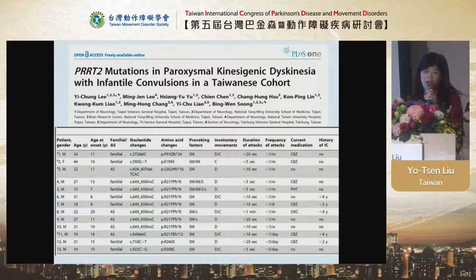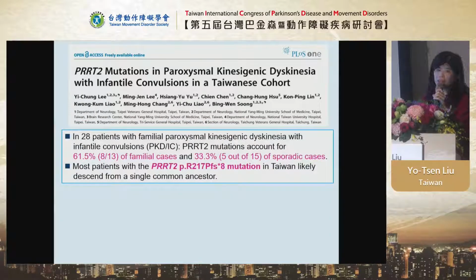In Taiwan, our group previously documented that PRRT2 is the most common causative gene for PKD. In familial cases, it accounts for more than 60%, and in sporadic cases, more than 30%. Also, our patients have hotspot mutations, and we suppose they likely descend from a single common ancestor.